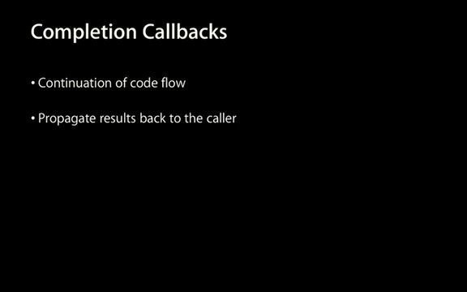And so the model of completion callbacks is all about propagating results back to the caller, to the part of the process that started the work and knows how to deal with the results. Here's a little diagram of what that might look like. Perhaps you're running on the main thread, and we, of course, have an interface to the main thread called the main queue. Any block submitted to the main queue will run on the main thread.